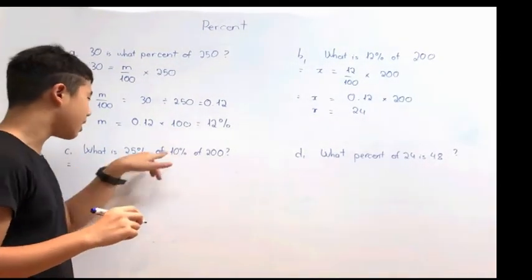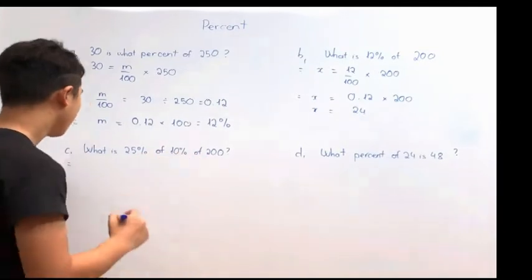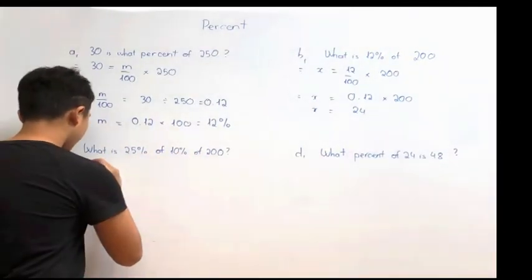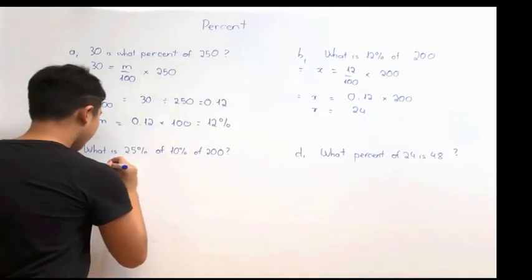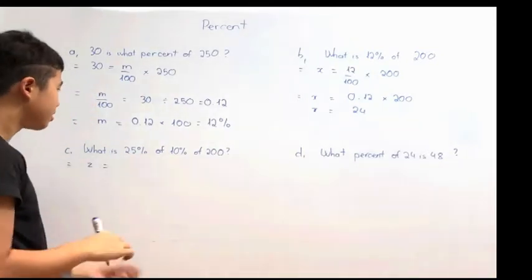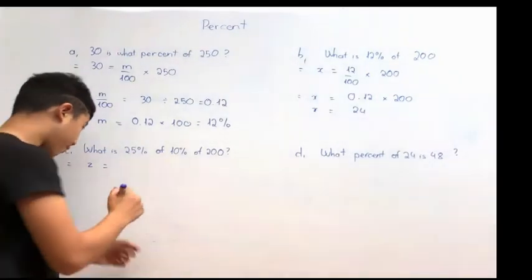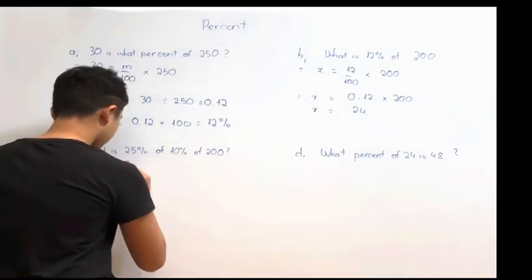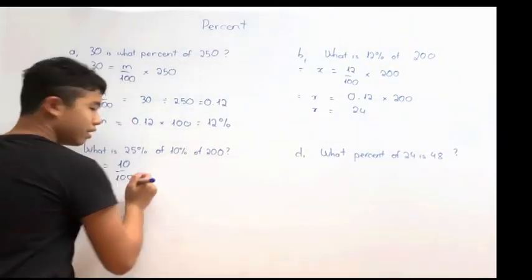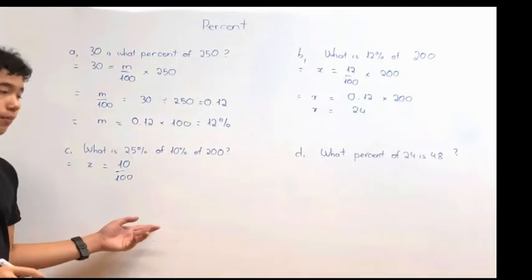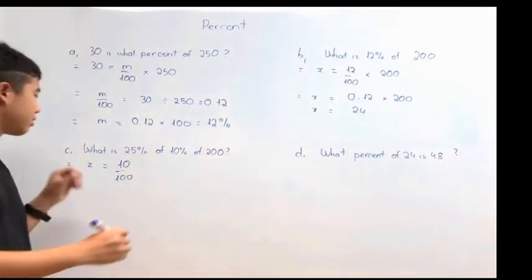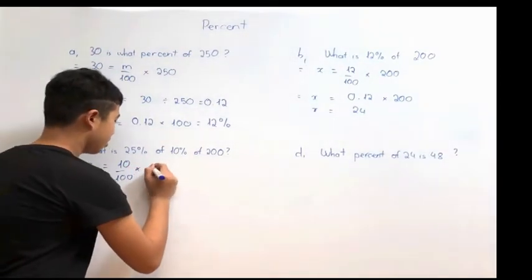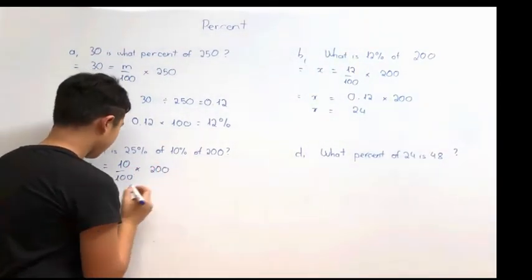What is 10% of 200? What is our favorite variable? This one I'm going to use z. z is equal to, equal sign, 10% is 10 out of 100. So "of" is times. So times 200.